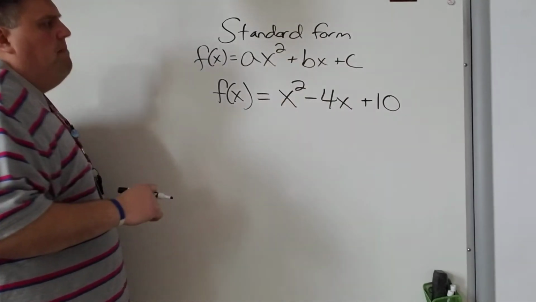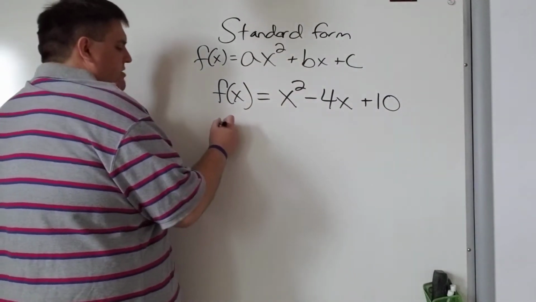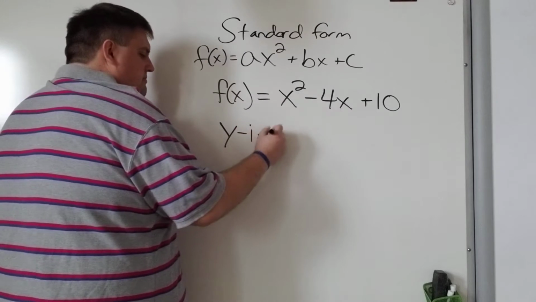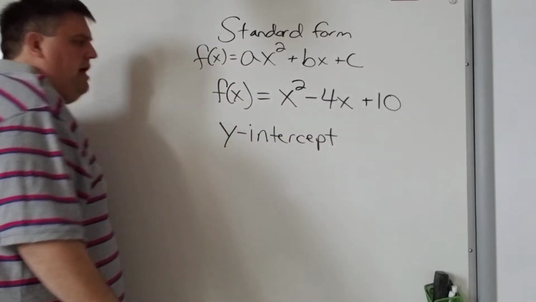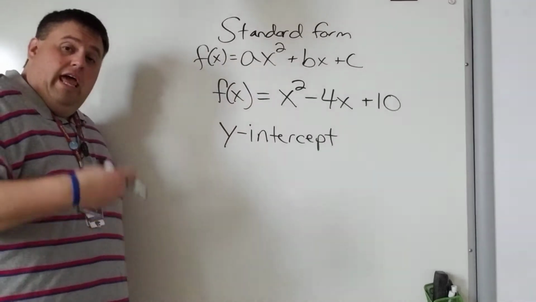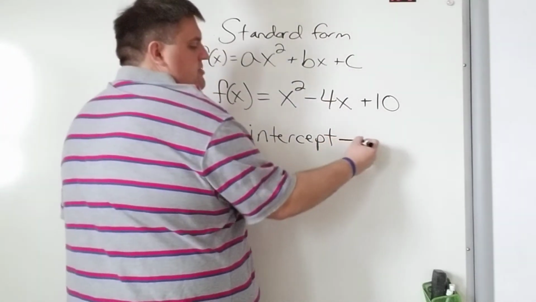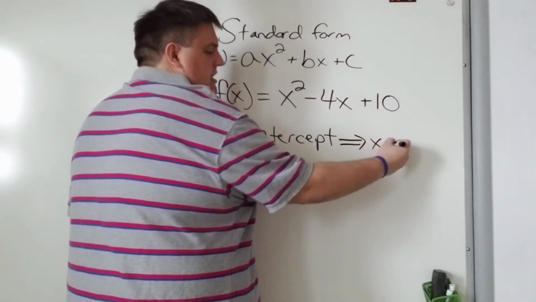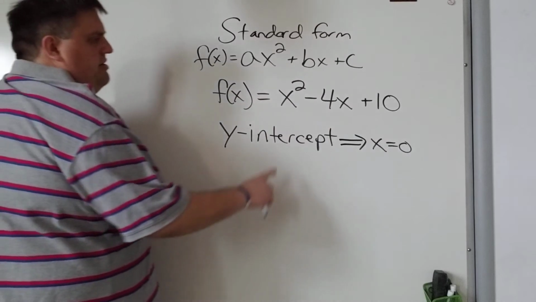So, first thing, the best thing that standard form does is it helps me to find my y-intercept. And if you remember back when we talked about y-intercepts and x-intercepts before, if we want to know a y-intercept, the easiest way to do that is just always to make x equals 0. Well, check out what happens when we are in standard form here.